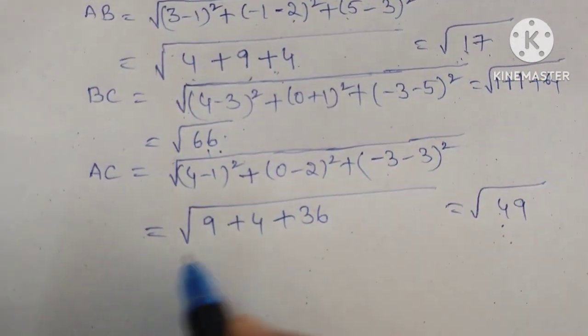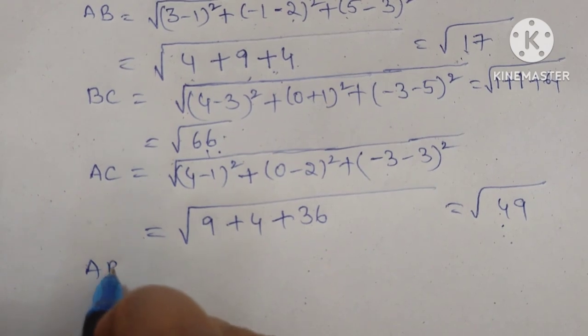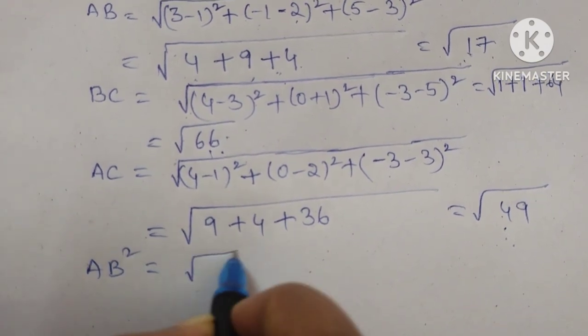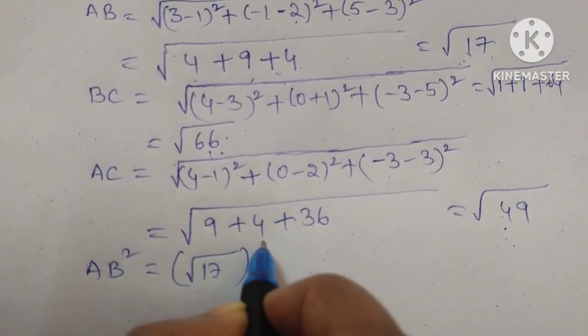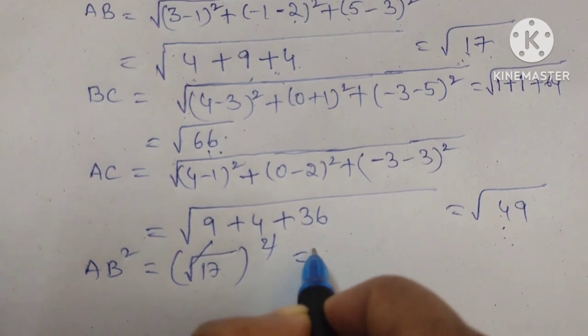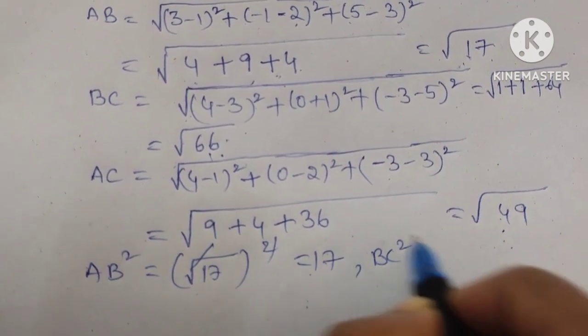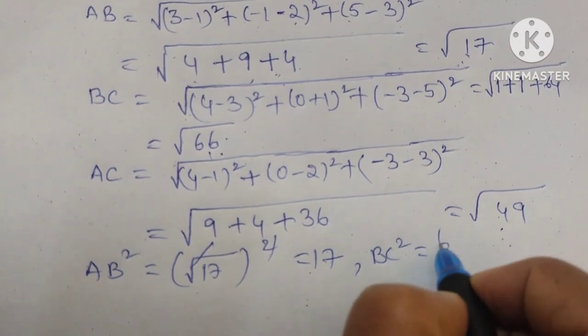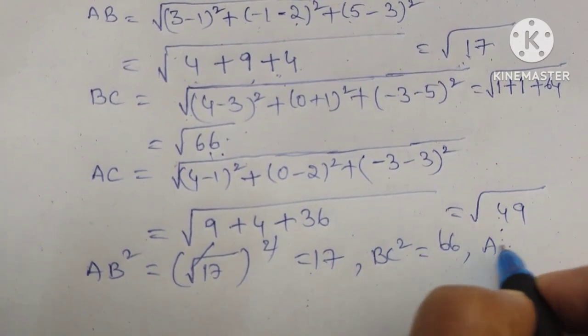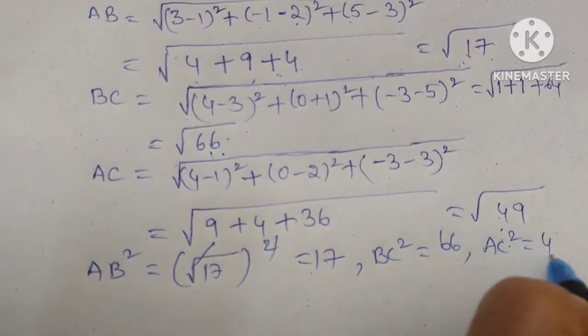AB is root 17, so AB square is 17. BC square is 66, and AC square is 49.